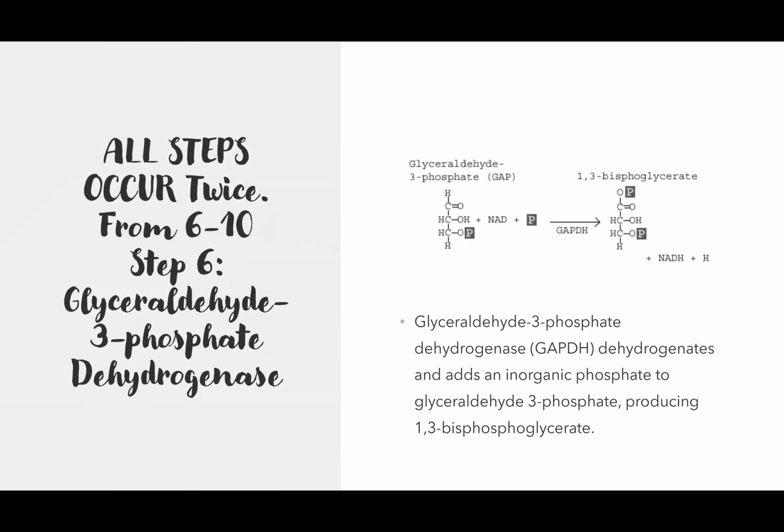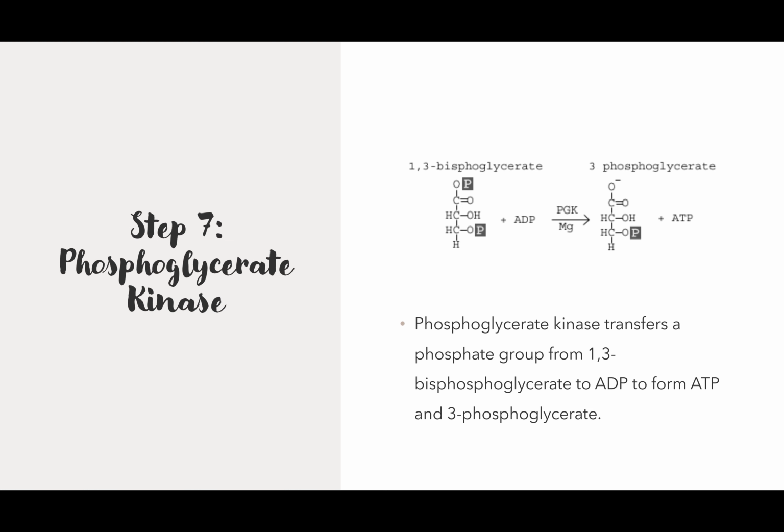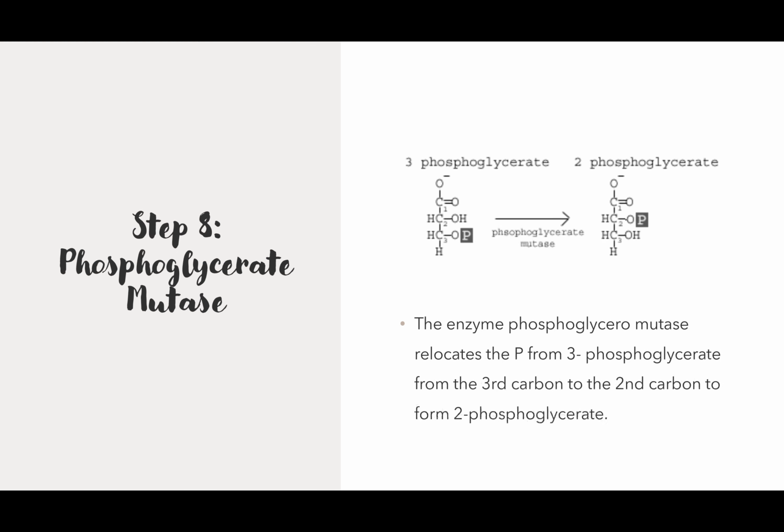Then these steps occur twice. So glyceraldehyde 3-phosphate will now change into 1,3-bisphosphoglycerate by glyceraldehyde 3-phosphate dehydrogenase. Then we're gonna have phosphoglycerate kinase actually taking one of the phosphate groups, right? That will be from the first carbon, and creating ATP, leaving just 3-phosphoglycerate, right?